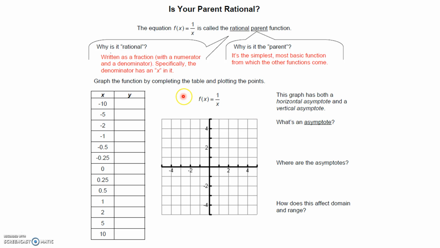The first thing we're going to do is fill in our table of values. I want you to pause the video right now and substitute all these values into your calculator, or if you can do it without the calculator, that is absolutely awesome. Then turn the video back on and see what you have.